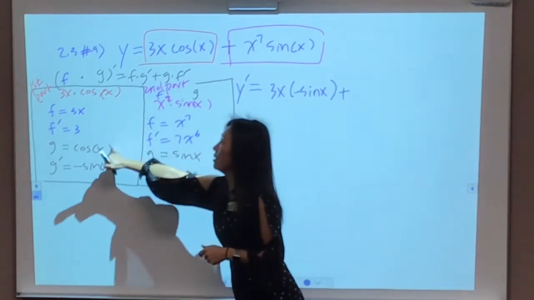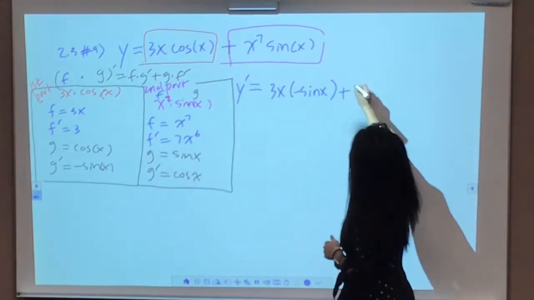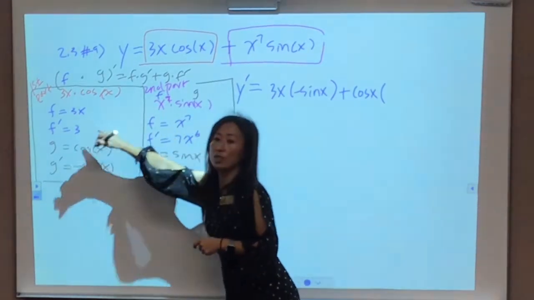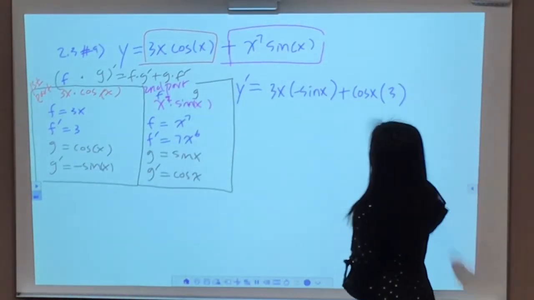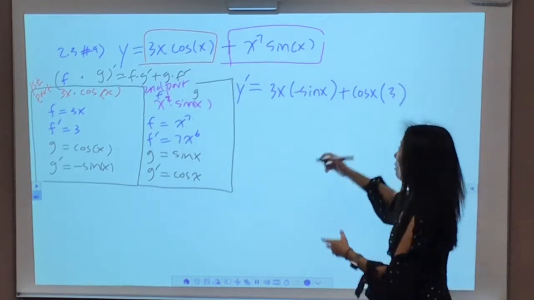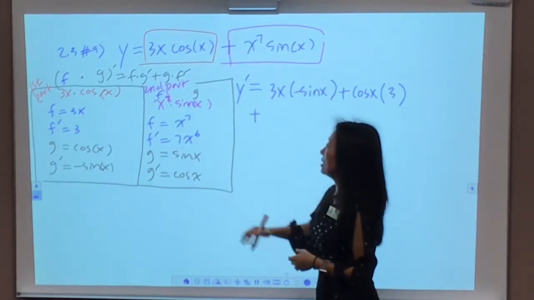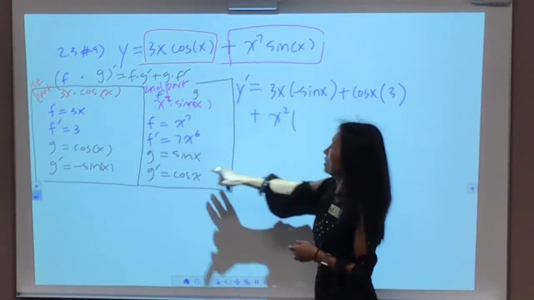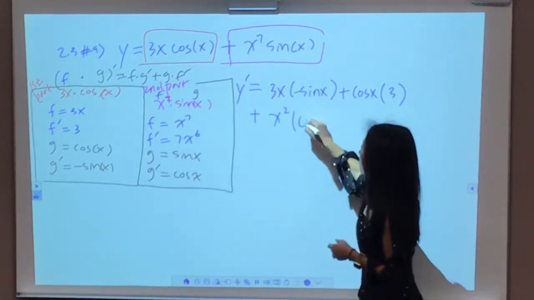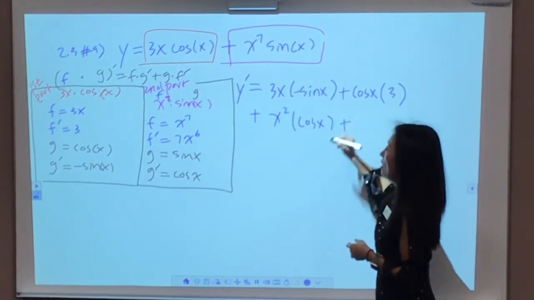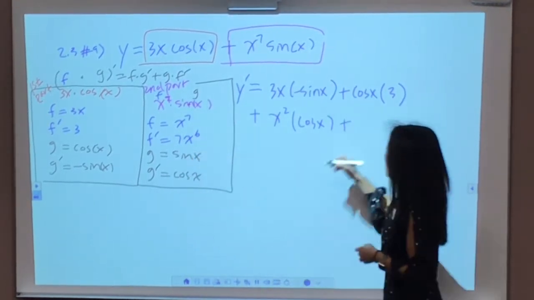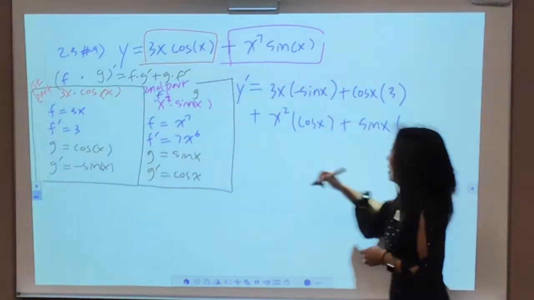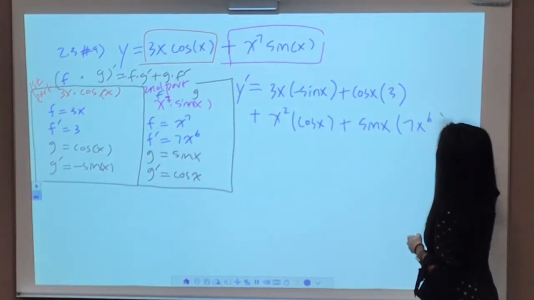The g, which is cosine x, times f prime, which is 3. That's the first part. What's my second part? Plus, second part says what? X to the 7 times cosine x, plus g, sine x, times what? F prime, which is 7x to the 6th.